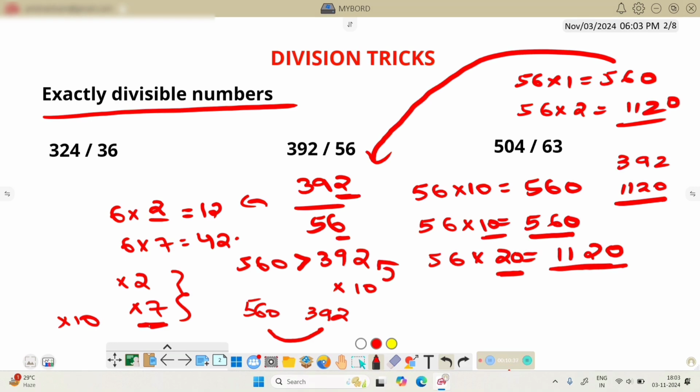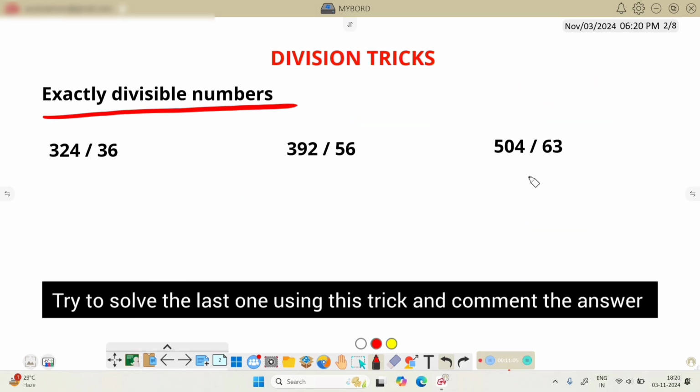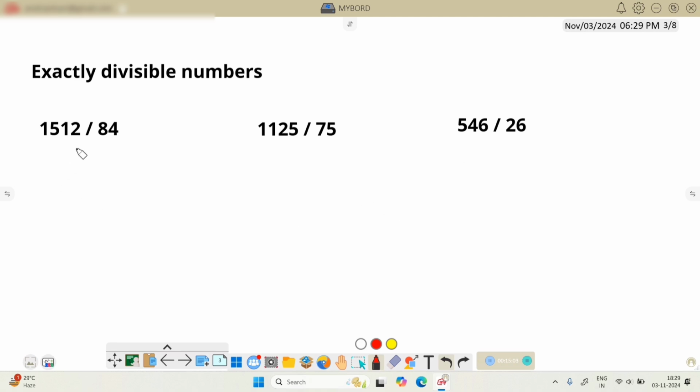Among these numbers, 7 is nearer to the multiple of 10, so your answer will be 7 here. If you multiply 56 with 7 you will get 392. So this is how you can decide. Next we will discuss some more examples.